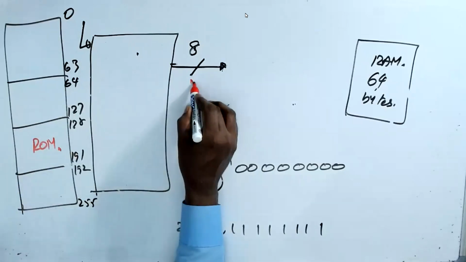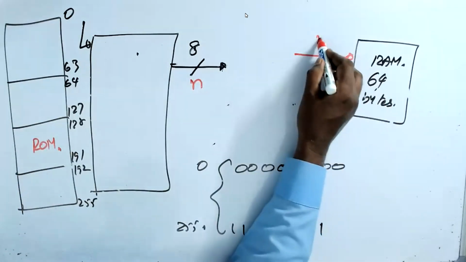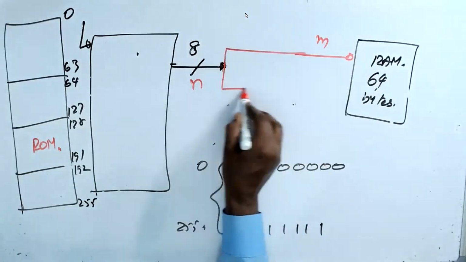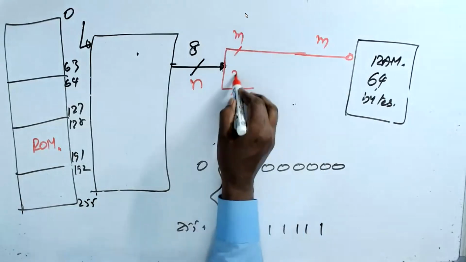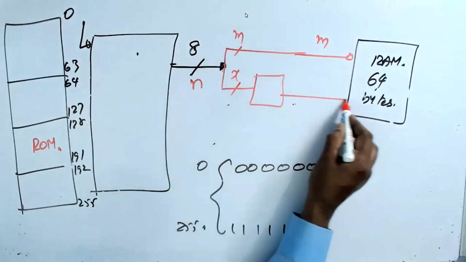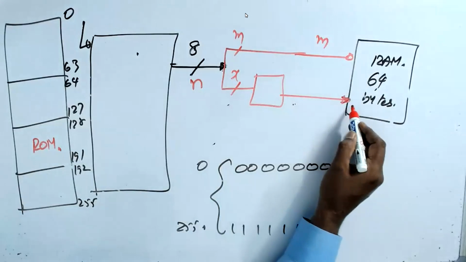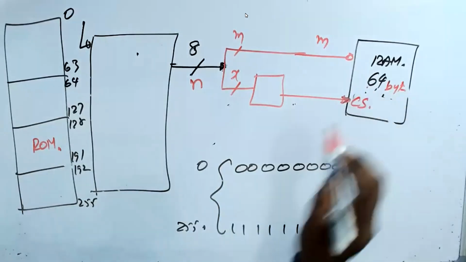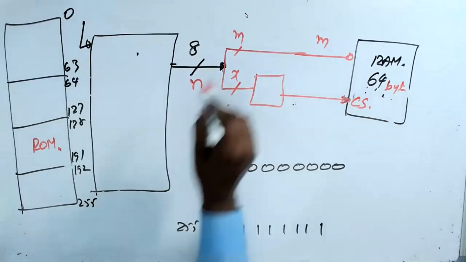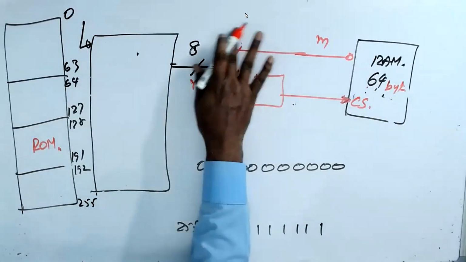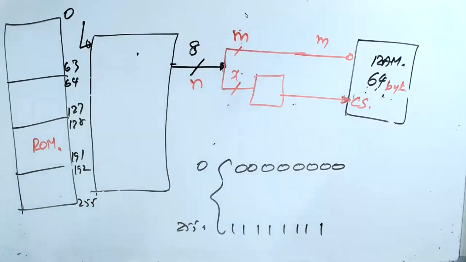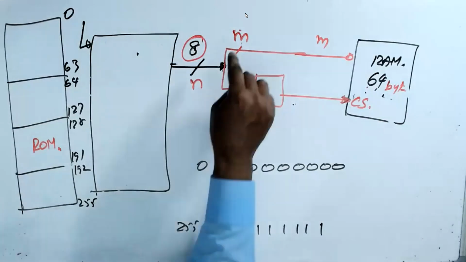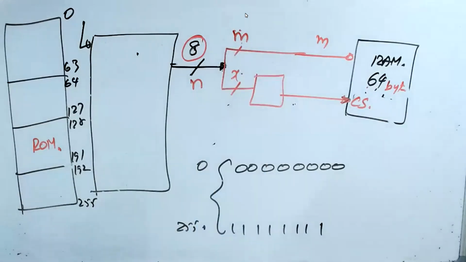This is N, that is M, and this is X, the chip select. If you tell me what M and X are, you solve the first problem. You should first find M and X. N I told you, but I didn't tell you M and X. Can you tell me M and X?